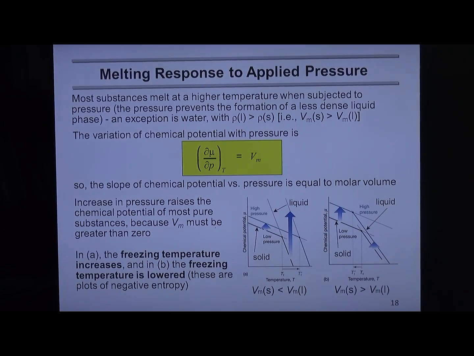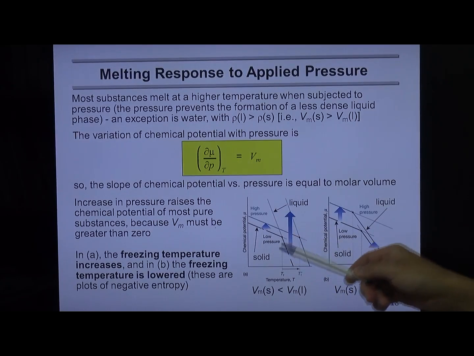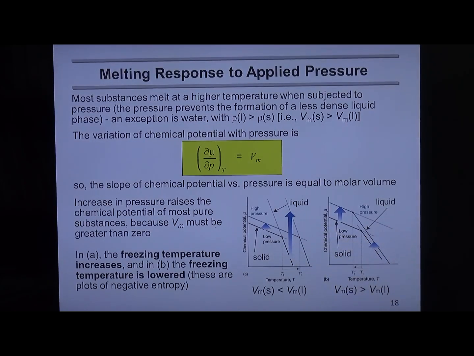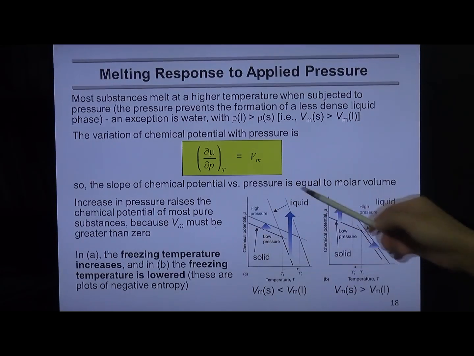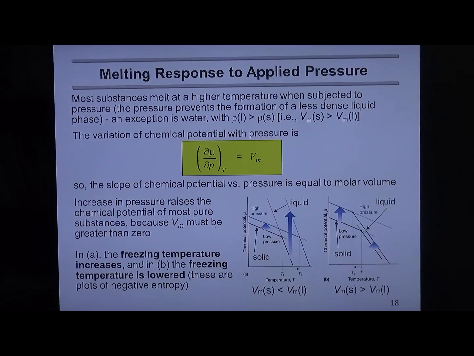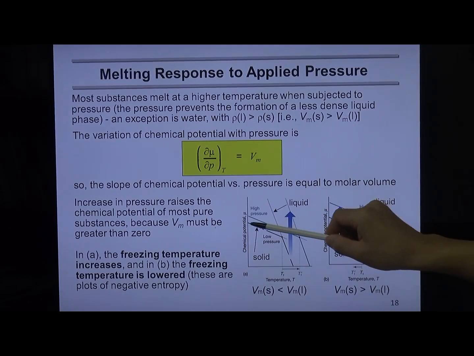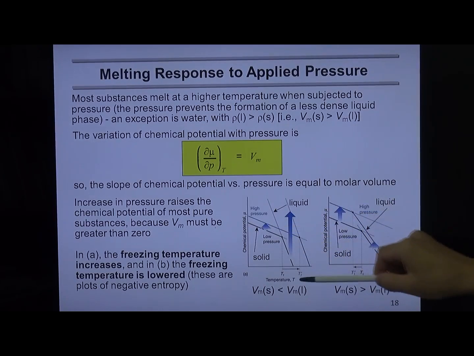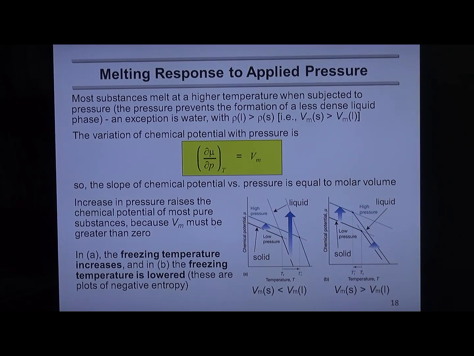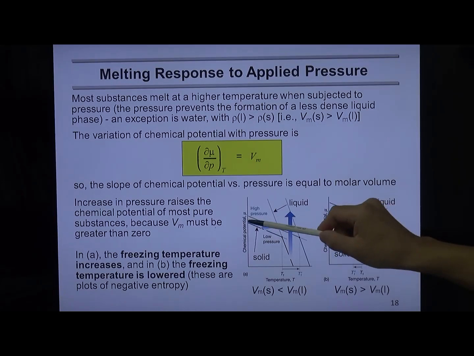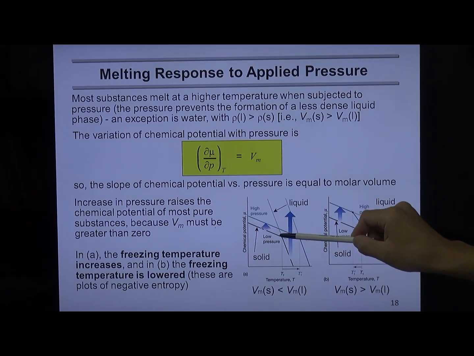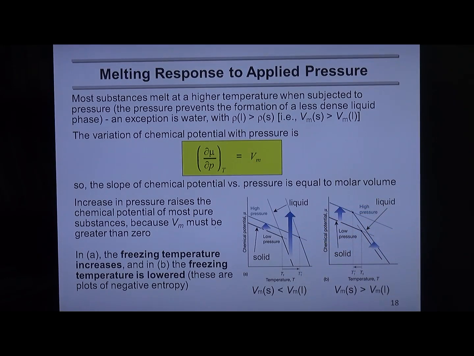Then let's consider the chemical potential change between two different phases, solid and liquid, for a certain material. From this diagram on the left, the black lines represent the chemical potential of solid and the chemical potential of liquid.